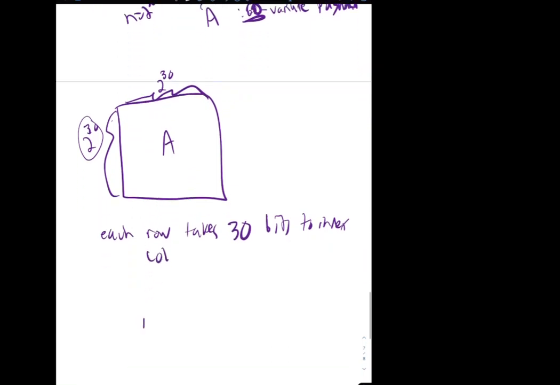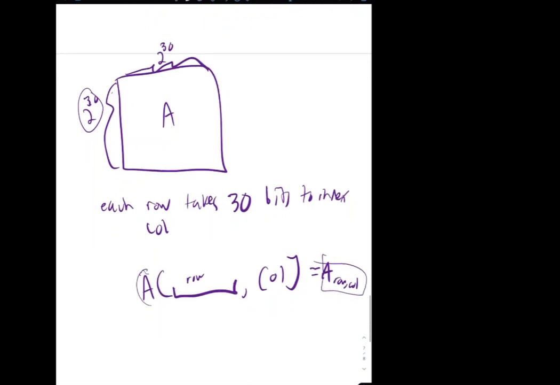You're thinking of A itself as taking as input a row and a column, and spitting out the corresponding entry of the matrix. Sorry to have used notation here: it's a matrix and here it's a function. But we're indexing the rows and columns by bits instead of by numbers. So 30 bits specify a row, 30 bits specify a column.